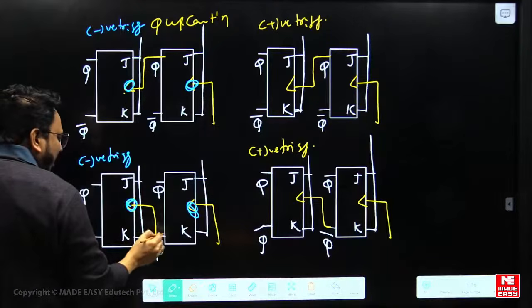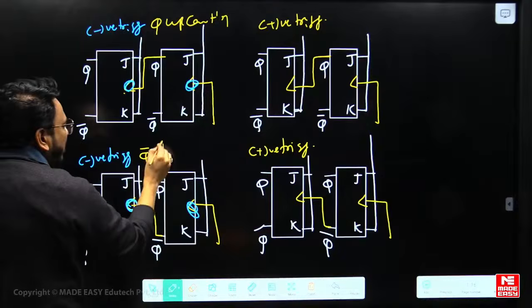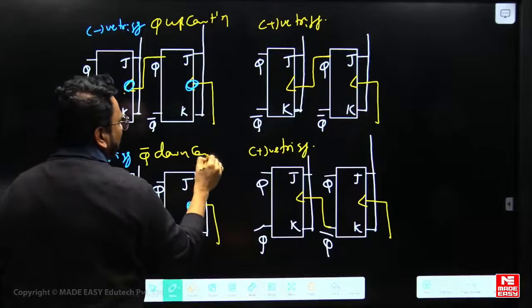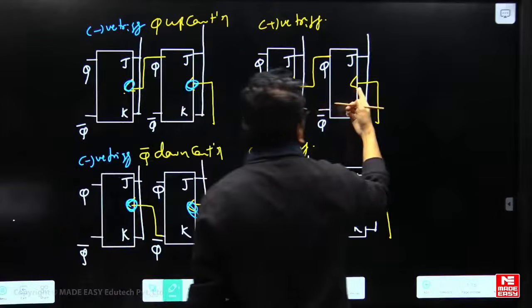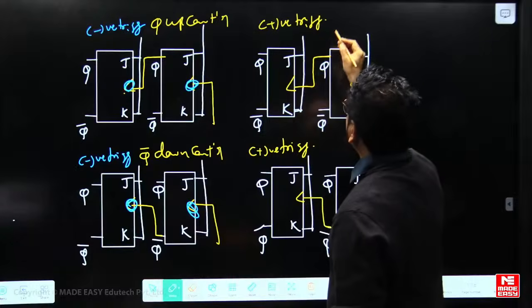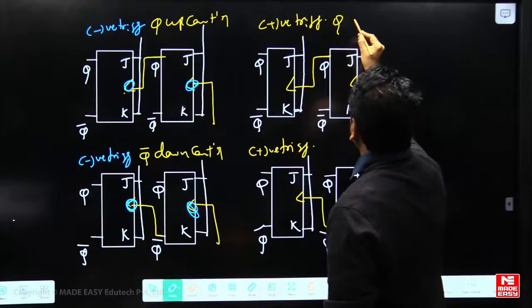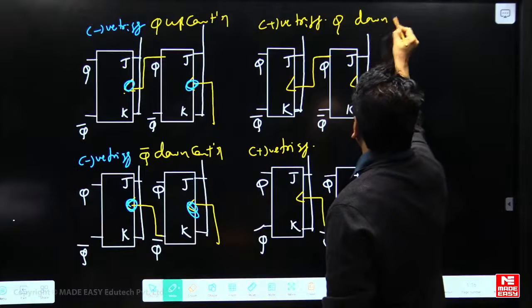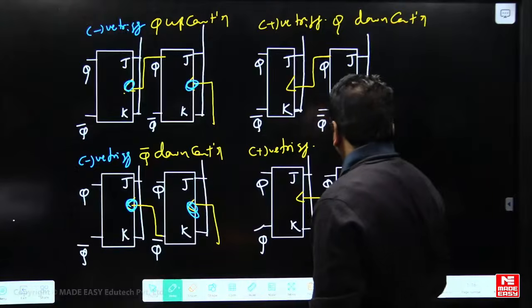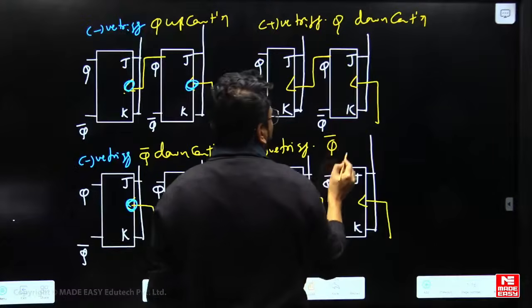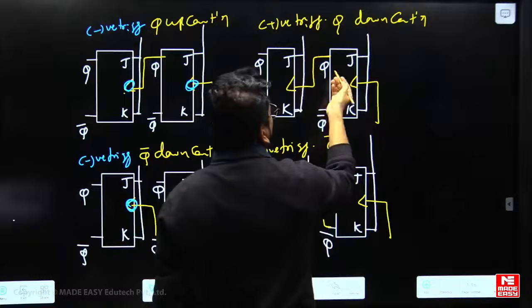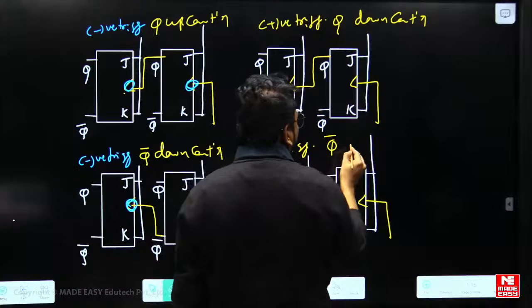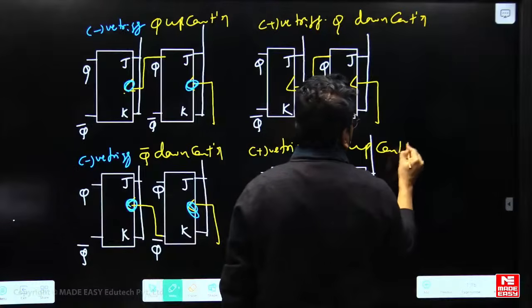And for negative triggering, from Q bar, down, it is taken, that means it is a down counter. And for positive triggering, from up, from Q, it is connected, that means it is a down counter. And from Q bar it is taken, that means it is an up counter. Up connected is a down counter, and down connected is an up counter.